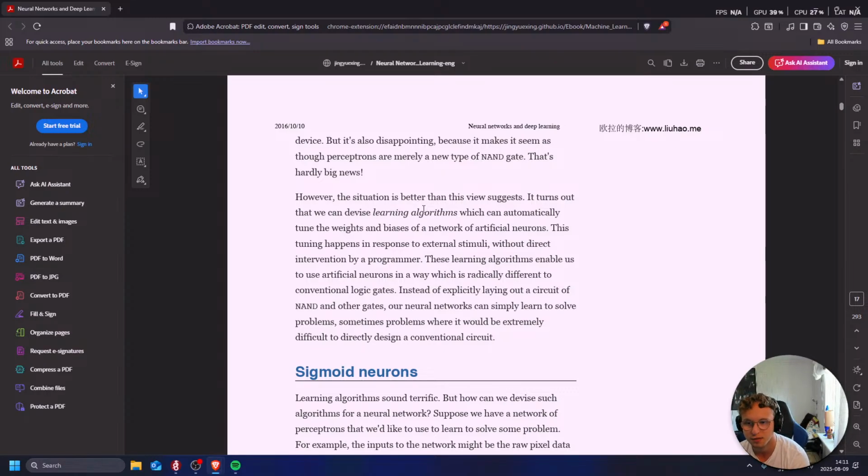These learning algorithms enable us to use artificial neurons in a way which is radically different to conventional logic gates. Instead of explicitly laying out a circuit of NAND and other gates, our neural networks can simply learn to solve problems, sometimes problems where it would be extremely difficult to directly design a conventional circuit.